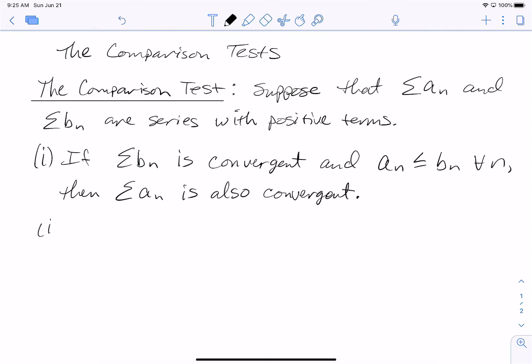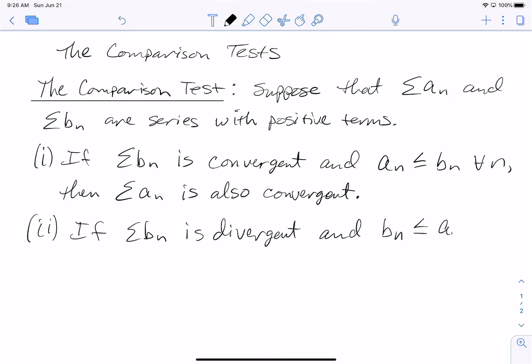The second part supposes that sigma b sub n is divergent and that b sub n is less than or equal to a sub n for all n. If that's the case, you probably know what's coming, right? Then sigma a sub n is also divergent.